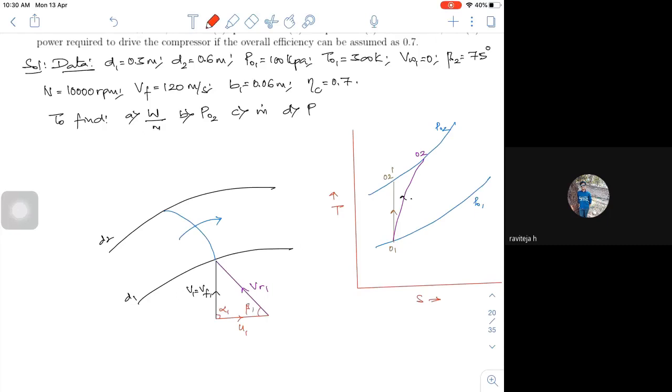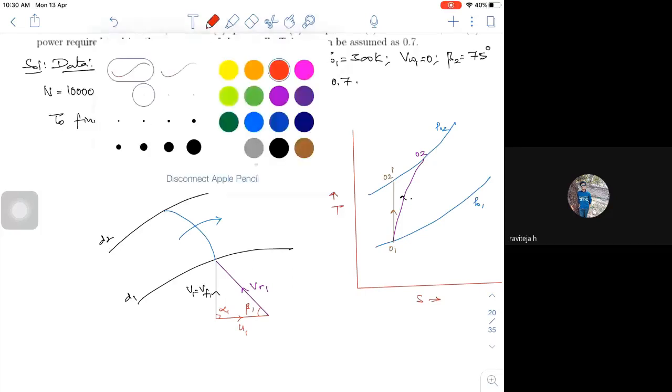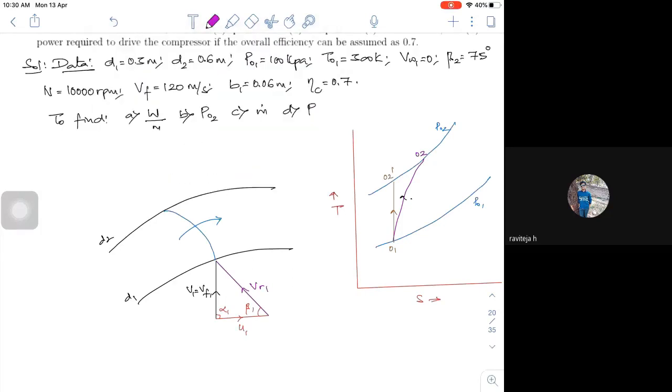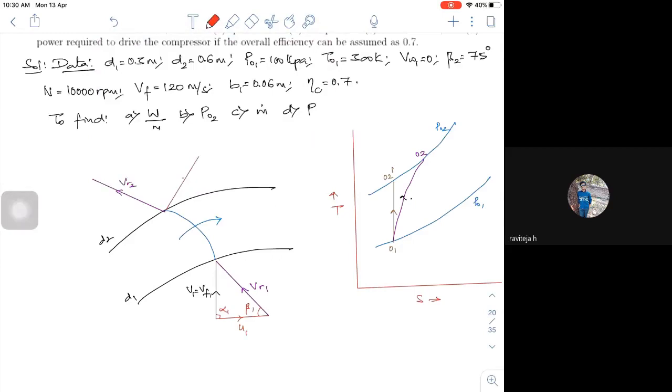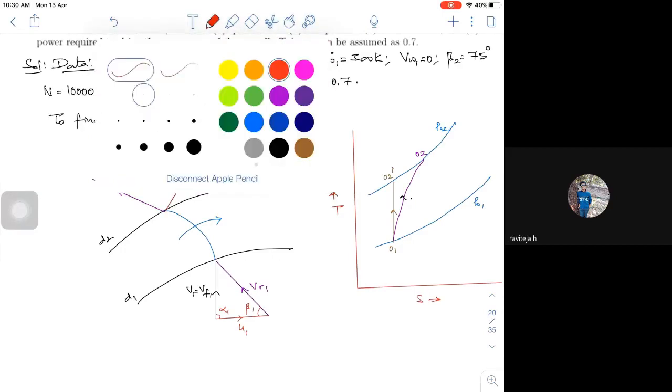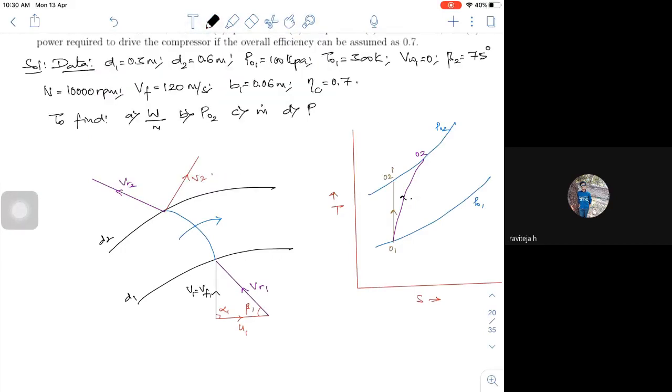So what is my exit velocity triangle? The exit velocity triangle will be something like this. Okay, go like this. VR2, fine. So I can draw the corresponding V2 like this, and I can close with the corresponding U2. This is my U2.